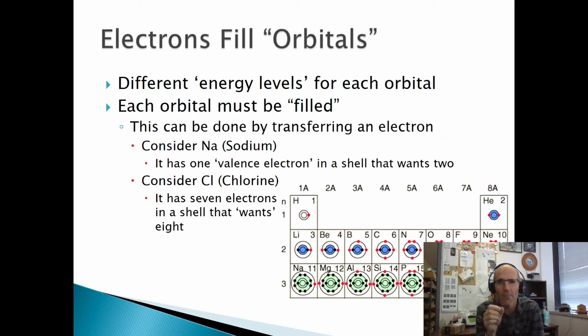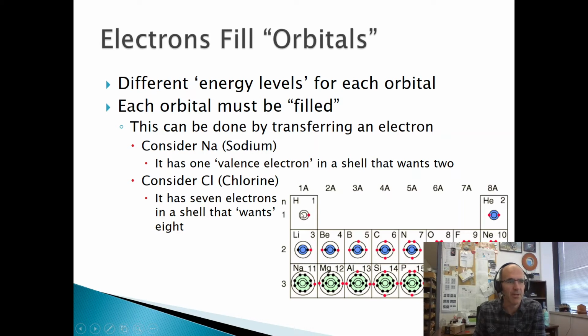So if you drop a piece of metallic lithium into water, it's going to start ripping electrons off of the oxygen that's in the water and the hydrogen that's in the water to start forming happy outside shells. So for instance, if you take a look at lithium right here, it's got one extra electron in its outside shell.